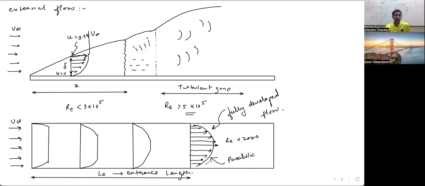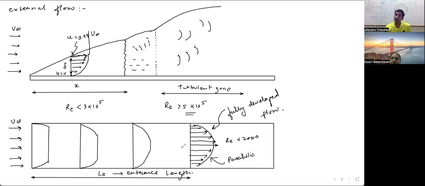And if the zone changes from laminar to some other type of flow, in this case you will always find a laminar flow followed by transition and turbulent. But for the cases where you are studying pipes, it will be either laminar or turbulent.